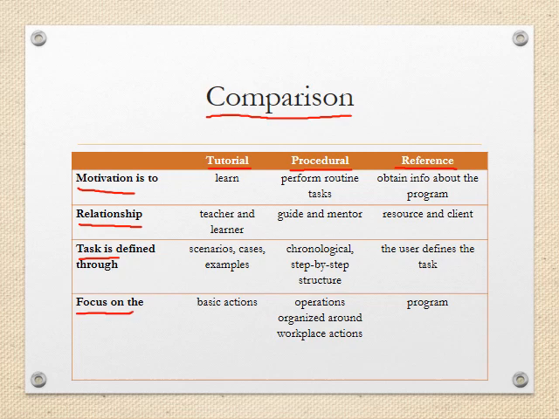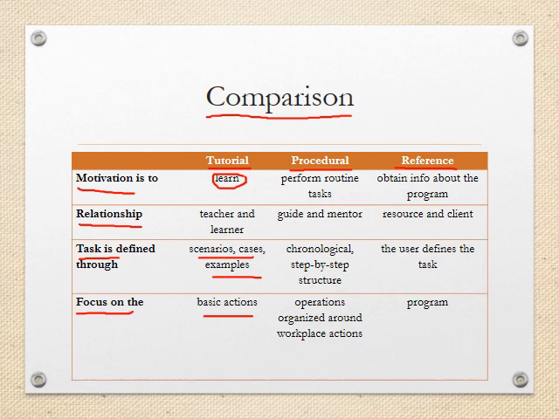So basically, the tutorials motivate to teach or to learn. They try to build a teacher and learner relation with the reader. In order to define their task, they use scenarios, cases, and examples, and they focus on basic actions.